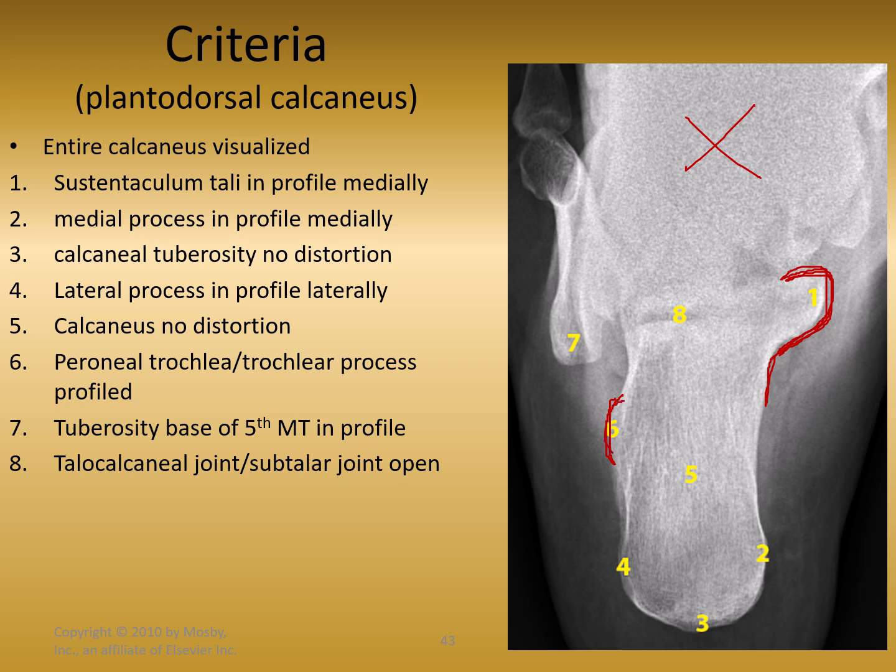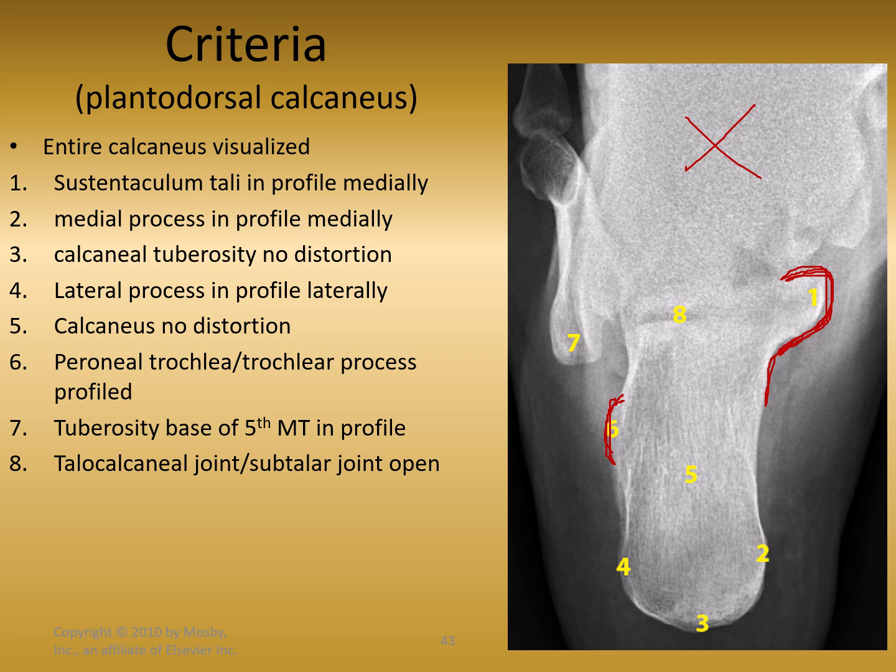Those two structures are important because they tell us about rotation. They tell us the foot was placed vertically and is not rotated, because I'm going to show you some that are rotated in a minute, where the sustentaculum tali and the trochlea are not in profile.